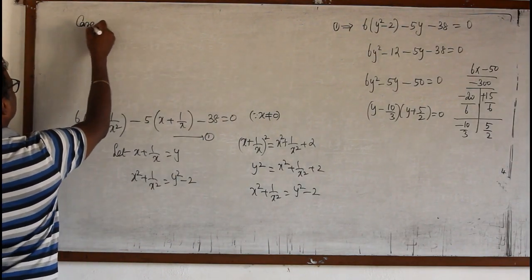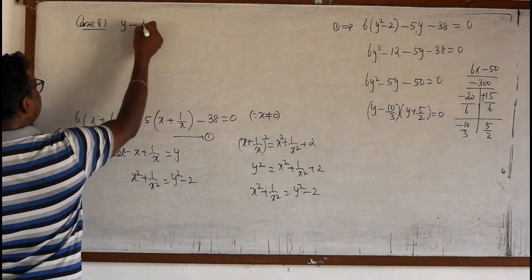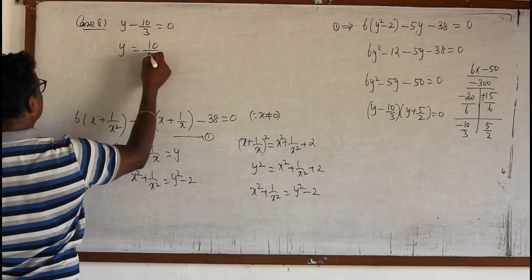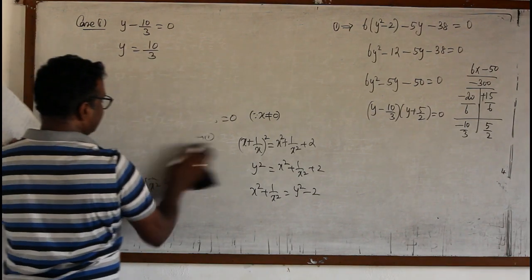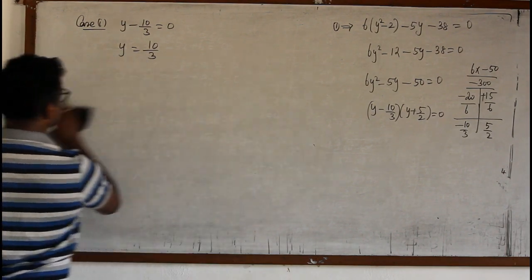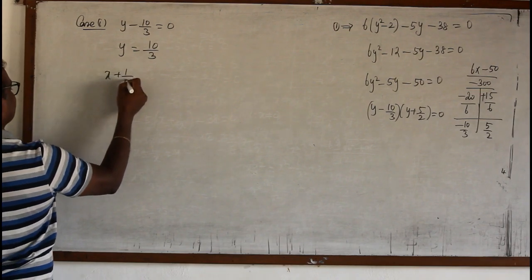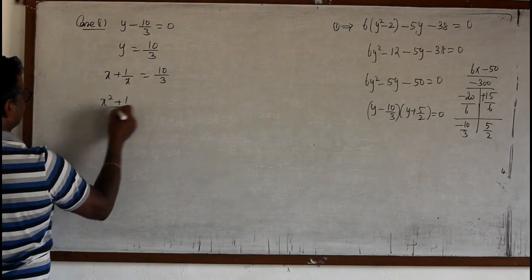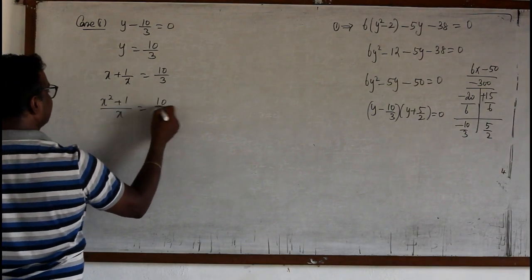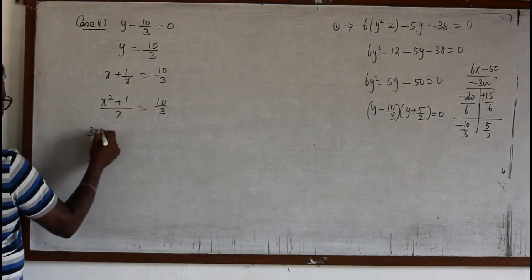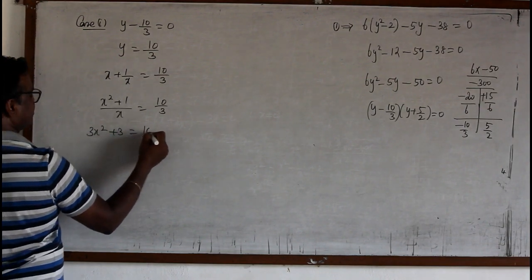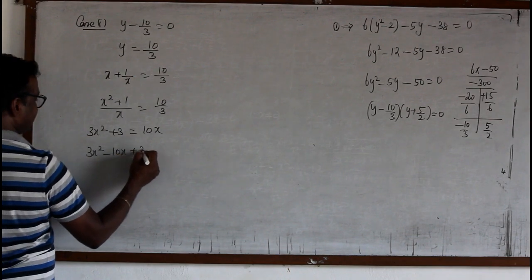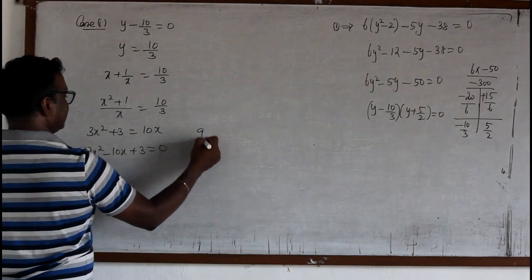Case 1. y minus 10 by 3 equal to 0. So y equal to 10 by 3. Here y means x plus 1 by x. x plus 1 by x equal to 10 by 3. It is x square plus 1 by x is 10 by 3. 3x square plus 3 equal to 10x. 3x square minus 10x plus 3 equal to 0. 3 3s are 9.